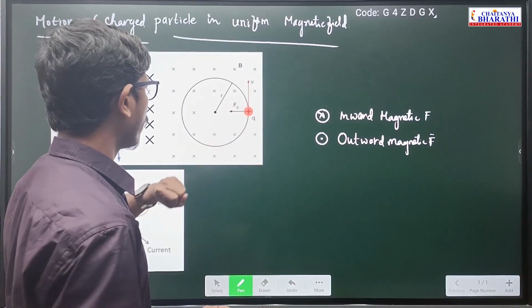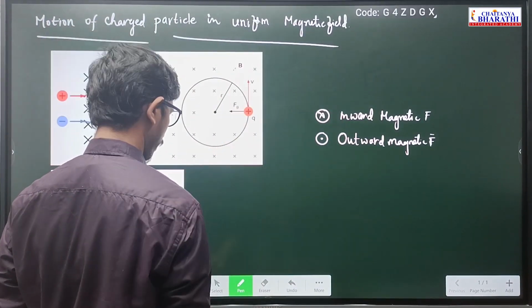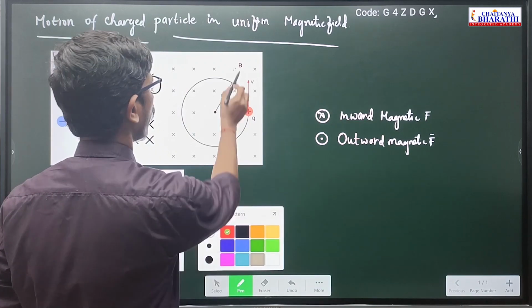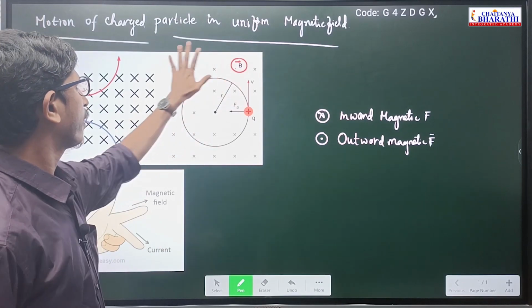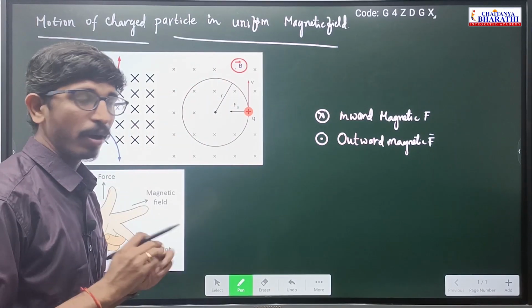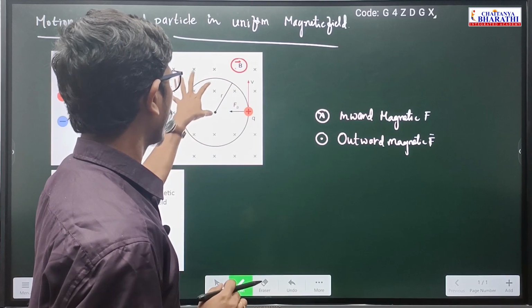Let's say the field strength here is B bar, an inward magnetic field in this region.